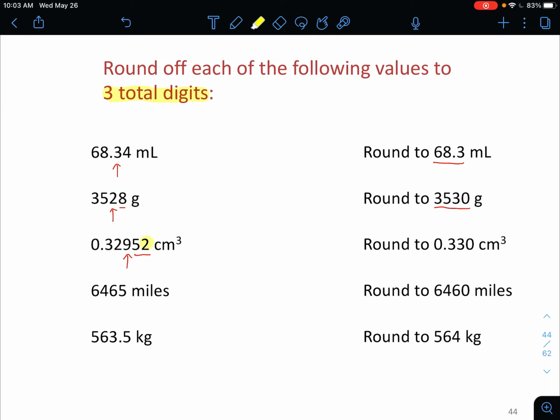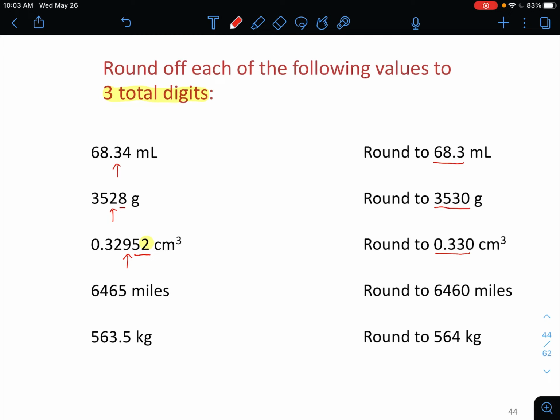But if I've still got values after that 5, that's going to affect the rounding, right? 0.3295 is halfway between 0.329 and 0.330. 0.32952 is closer to 0.330. So in this case, I need to round up to 0.330.